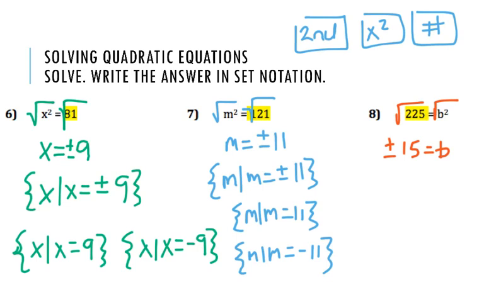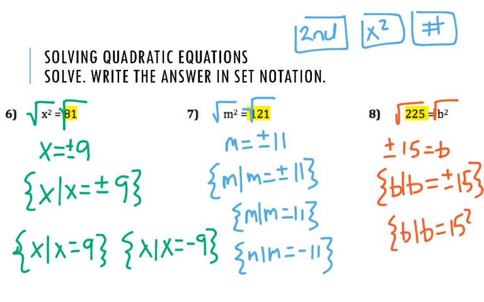Writing it in set notation, we have the set b such that b equals positive and negative 15. Or we can write it separately and put the set b such that b equals 15, and the set b such that b equals negative 15.